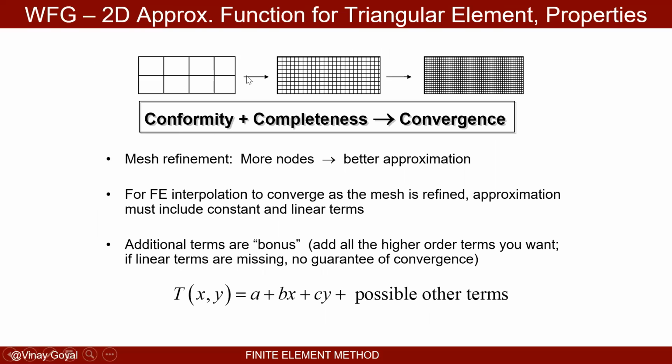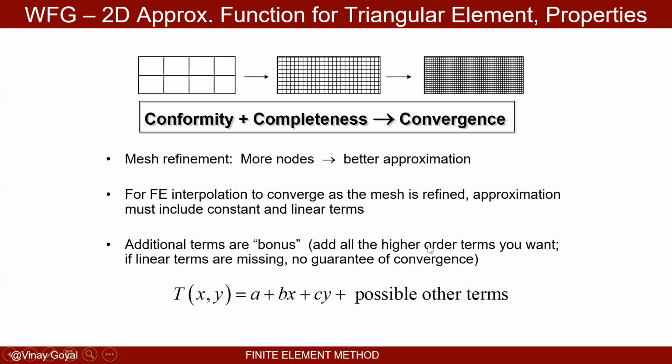So conformity plus completeness equals convergence. Meaning if I refine the mesh, I have more nodes, I'll get a better approximation. As long as I mesh it more, I should expect to reach the asymptote, getting better and closer to the exact solution.